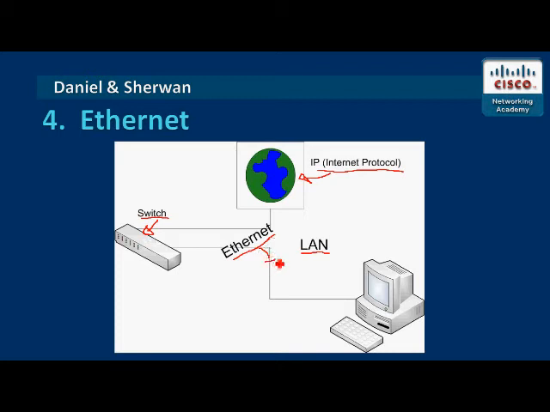This is the Ethernet cable, which is also connecting to the PC or host or client, if you must say. And this is an Ethernet LAN design. So make sure you remember that this cable is the Ethernet cable, and this is an Ethernet LAN design.